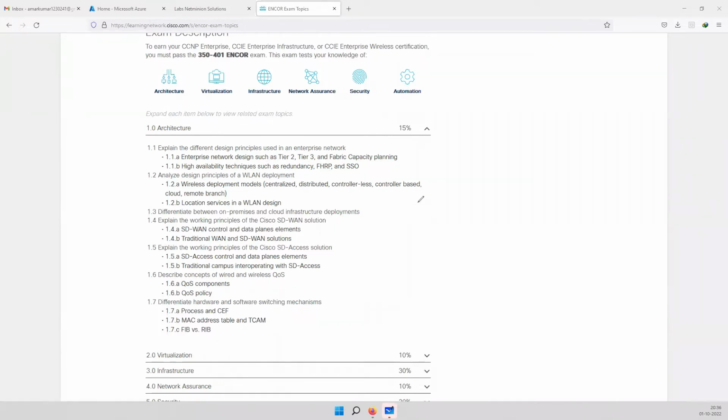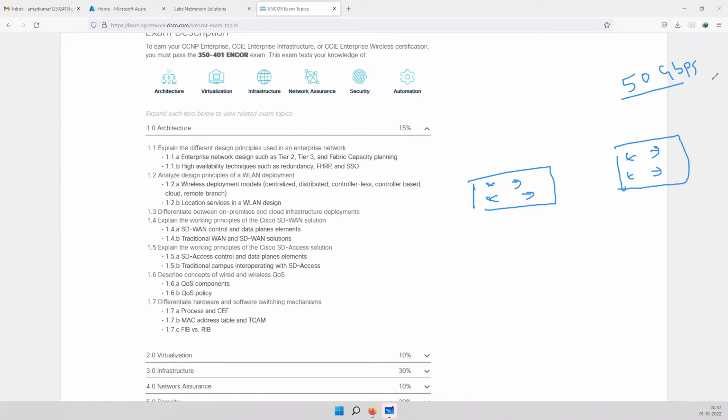For example, if someone wants a switch that supports around 50 Gbps bandwidth, that means on the back end there are systems or servers connected which would be generating around 45 Gbps of traffic, and that's why they want to increase the bandwidth of this switch so that it can support more.